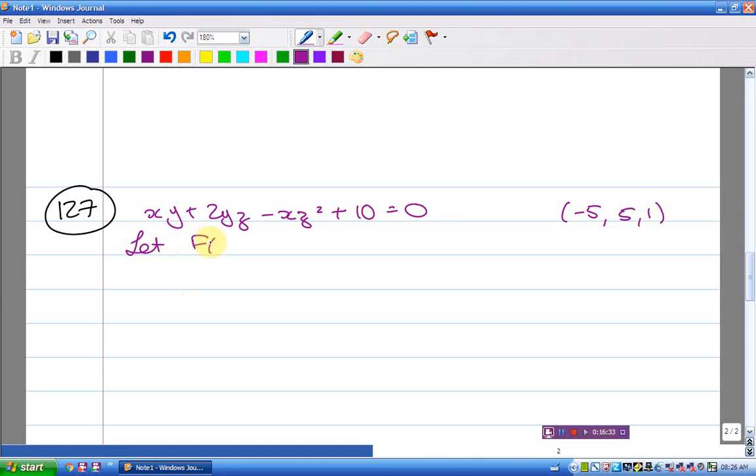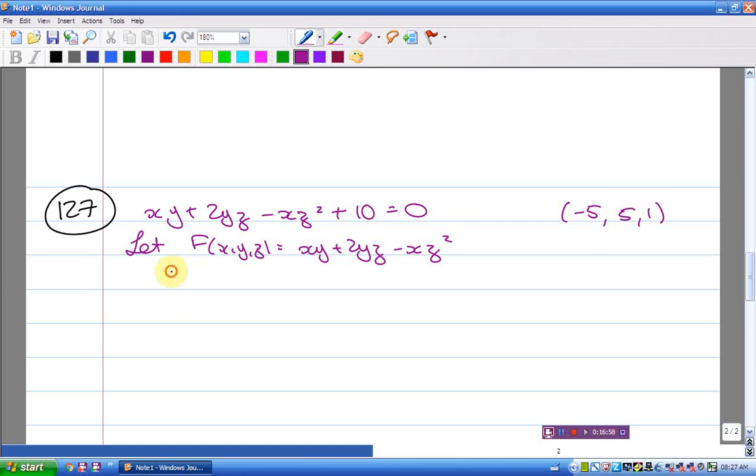Let capital F of x, y, z equal xy plus 2yz minus xz squared, plus 10. Sure, whatever, I don't care about the constants, I only care about the variables. So you can put the plus 10 in there if you want, or you can think of the plus 10 as going across the equal sign and then we're only taking what's left.